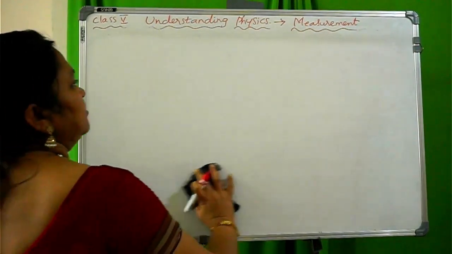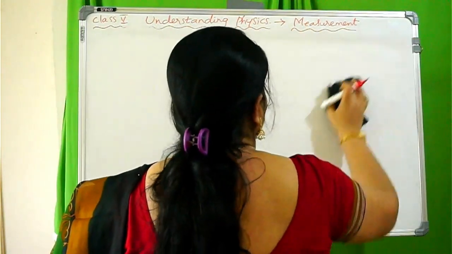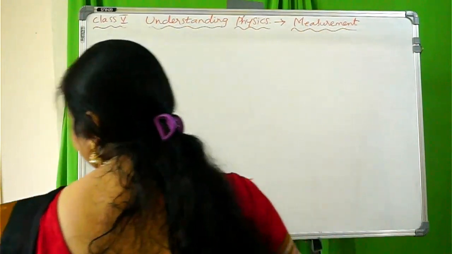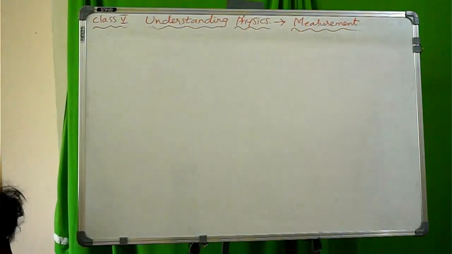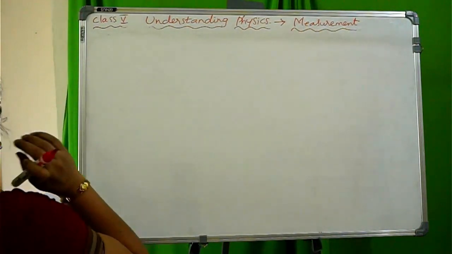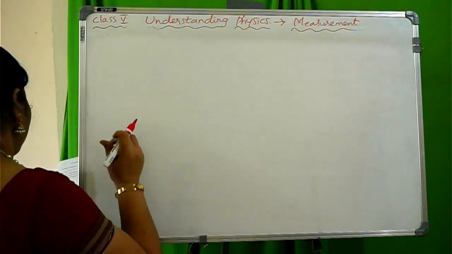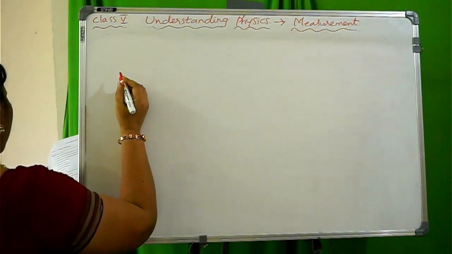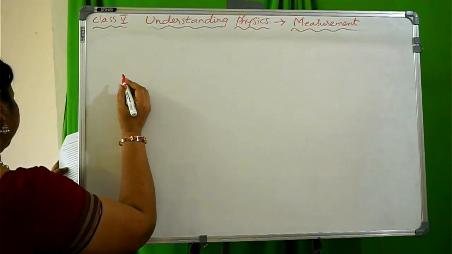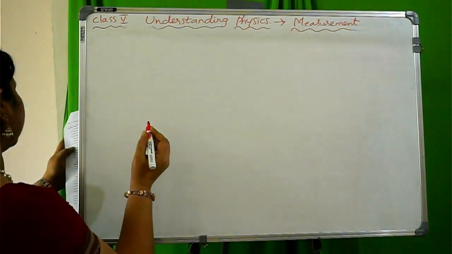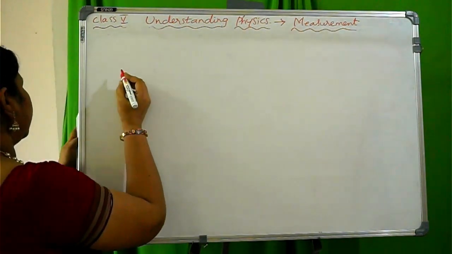So that's why this is a basic one you have to learn, each and every one. Okay, now the next one is: find the area of a circle whose radius is 7 centimeter.